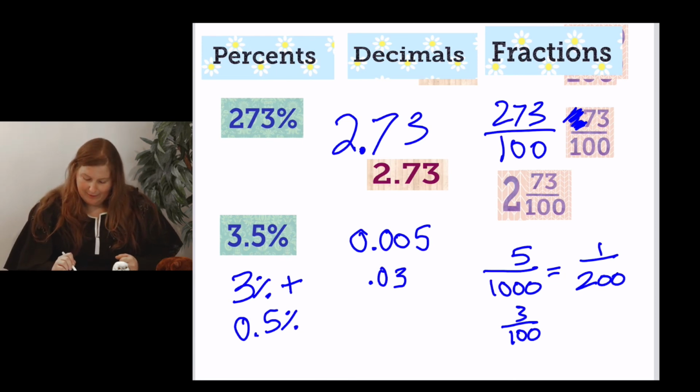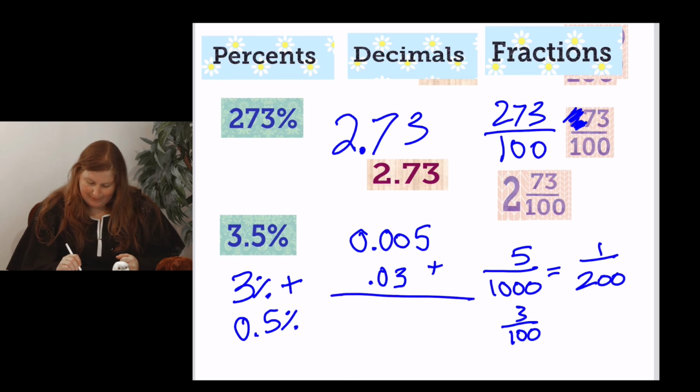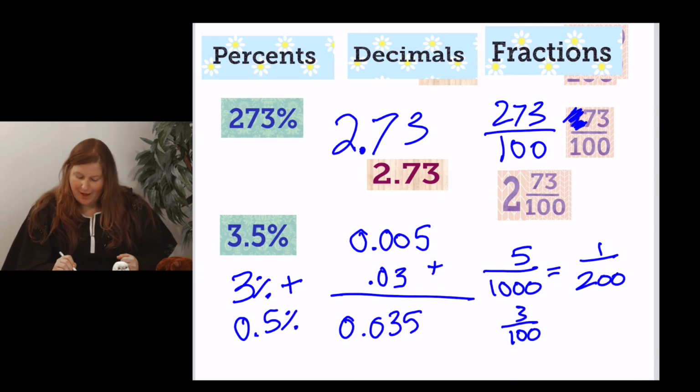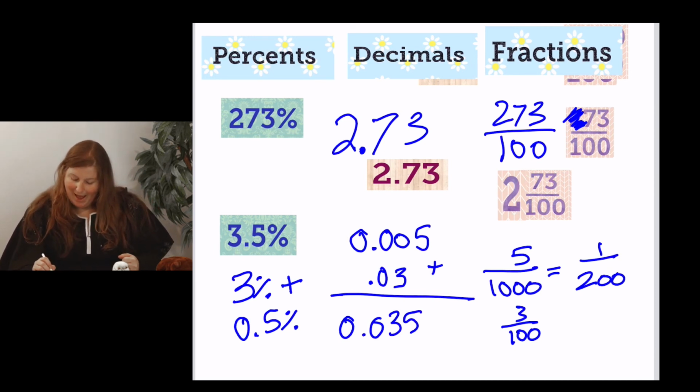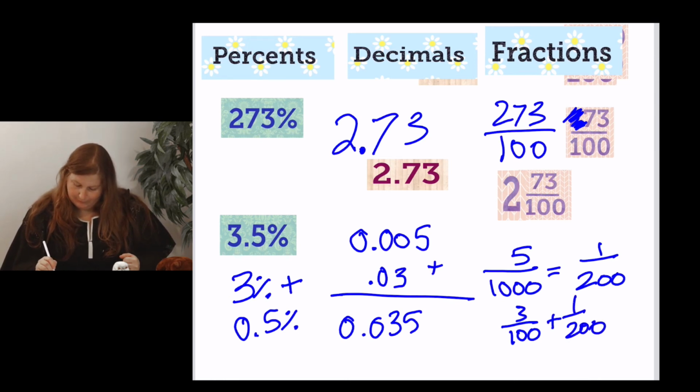If we have 5 thousandths and 3 hundredths added together, we would get 35 thousandths. If we want to add 1 200th plus 3 100ths, we need to have a common denominator.